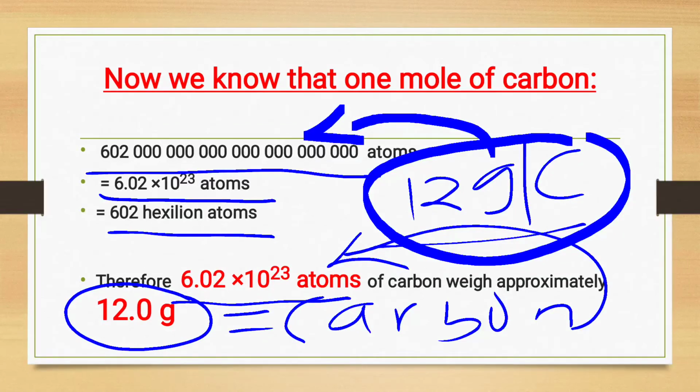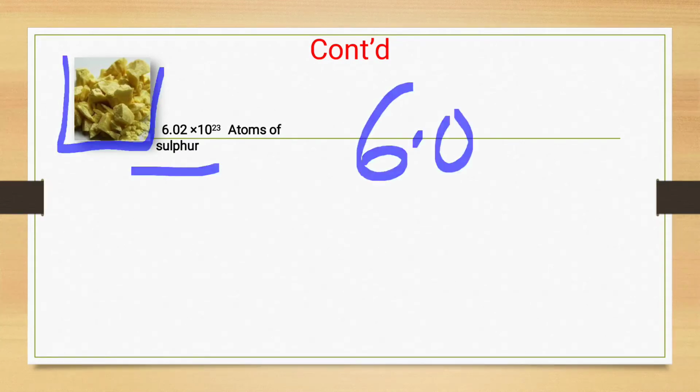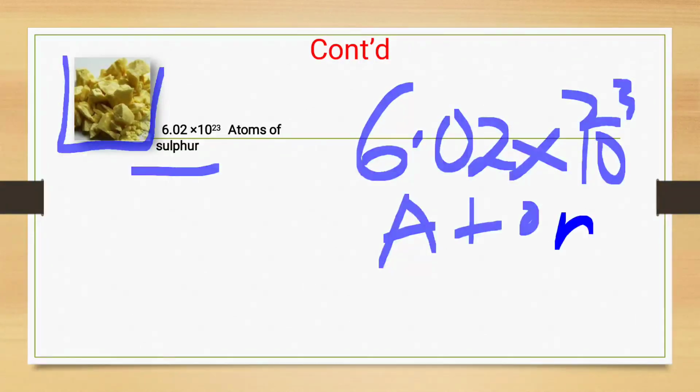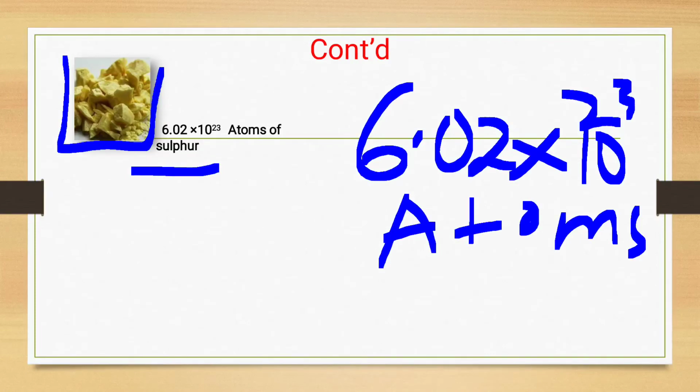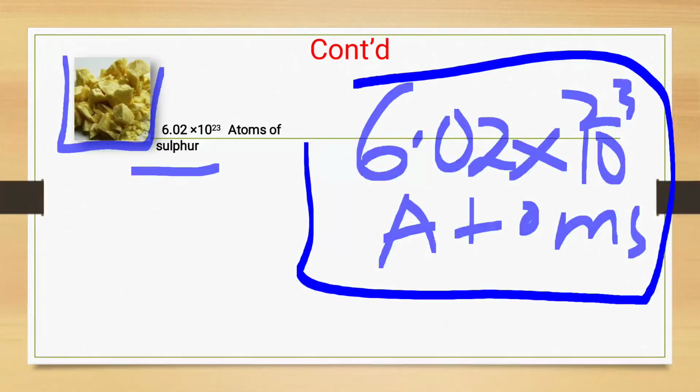Let's look at another example. We have sulfur, for example. In this sample of mine, I can tell you that it contains 6.02 times 10 to power 23 atoms. It is possible for you to wonder how I am able to calculate this gigantic number.